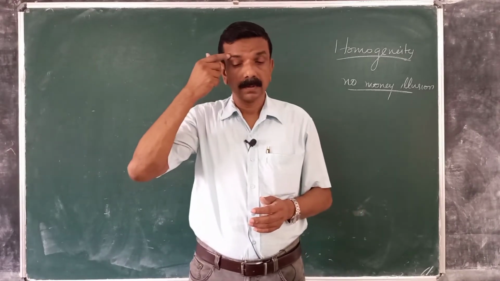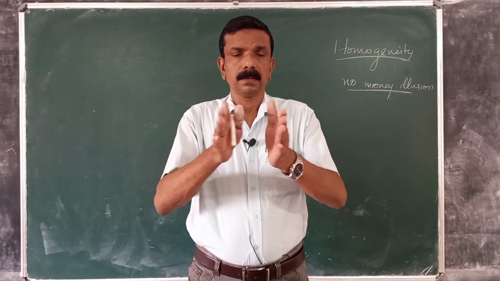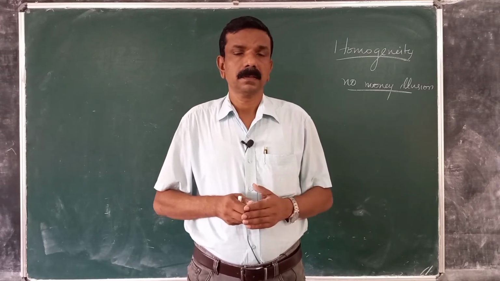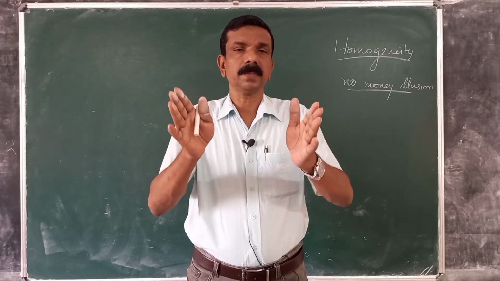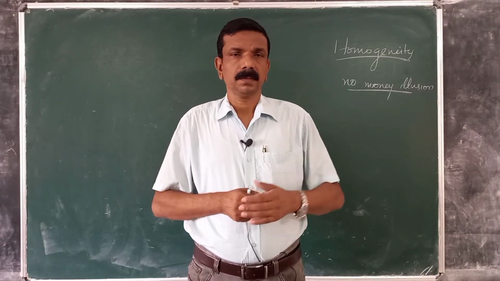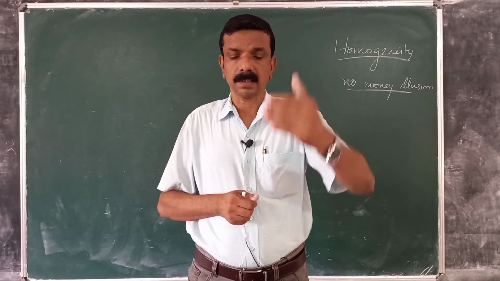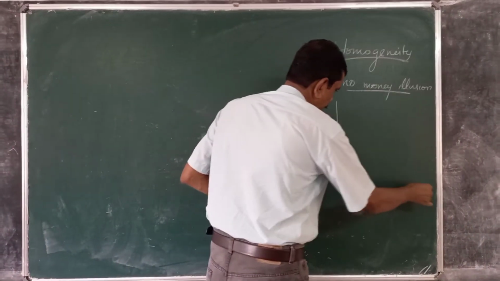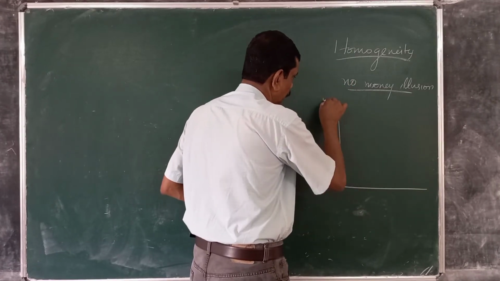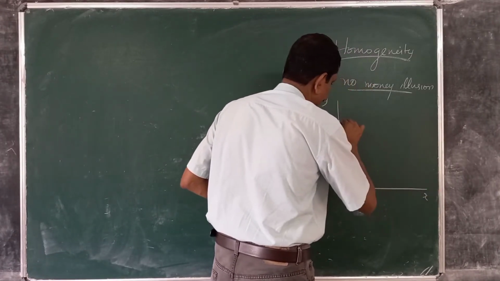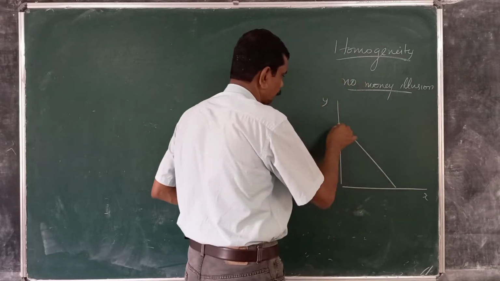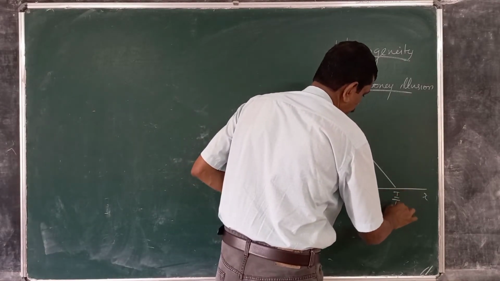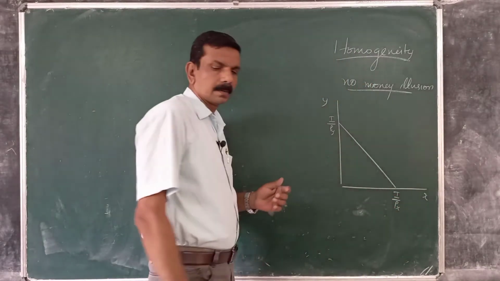Graphically, this can be explained as a situation in which the budget line of the consumer will remain unchanged if you double both the prices and income. Consider this budget line, with y and x axes. This is I by py, this is I by px.